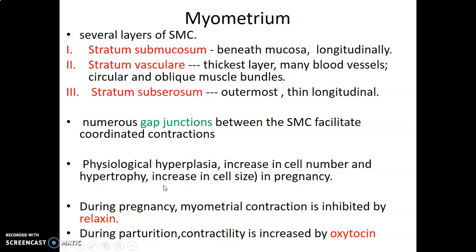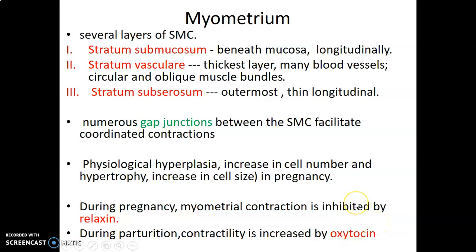During pregnancy, the myometrial contraction is usually inhibited by a hormone called relaxin, but during parturition or giving birth, contractility of the smooth muscle cells of the myometrium is increased by oxytocin produced by the hypothalamus and stored in the posterior pituitary gland.